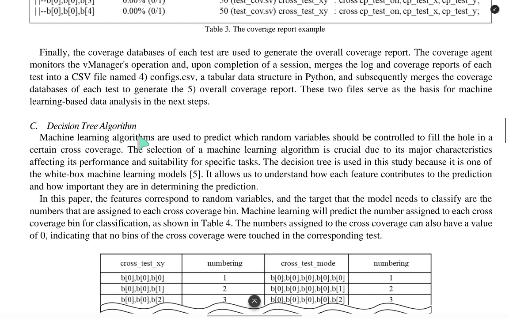C. Decision tree algorithms. Machine learning algorithms are used to predict which random variables should be controlled to fill the hole in a certain cross coverage. The selection of machine learning algorithms is crucial, considering characteristics affecting performance and suitability for specific tasks.